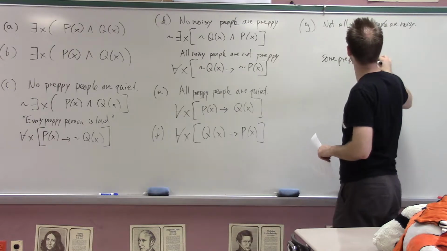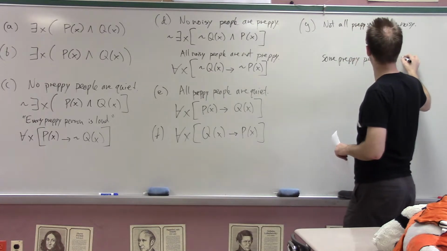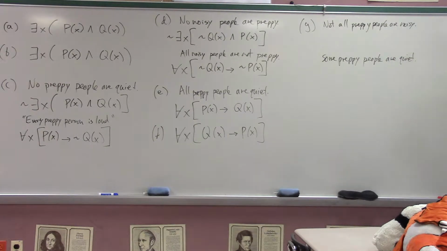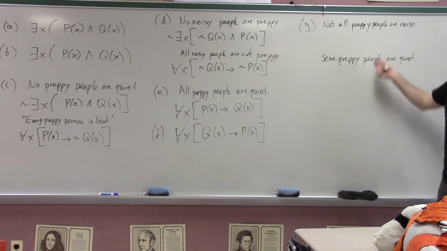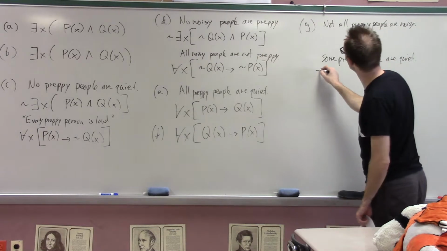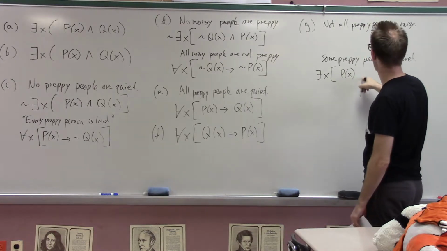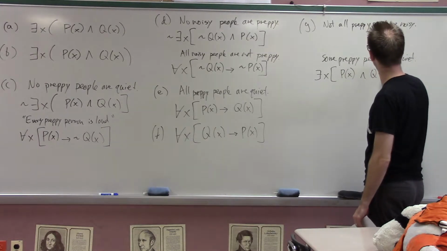And here I'm counting on you to use your own intuition as to what these words mean as native speakers of English. So if you rewrite it like this, then we know how to do this, right? There exists a person who is preppy and quiet.